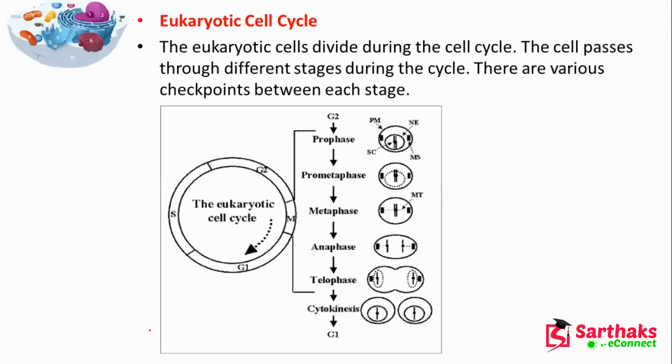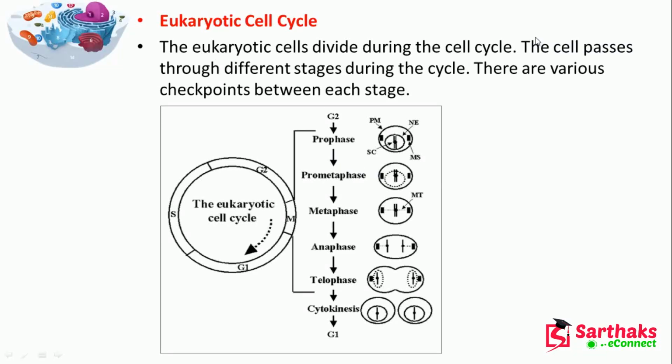Now the eukaryotic cell cycle. Here the cells divide during the cell cycle, that means another cell will be produced. The cell passes through different stages during this cycle, and there are various checkpoints between each stage.